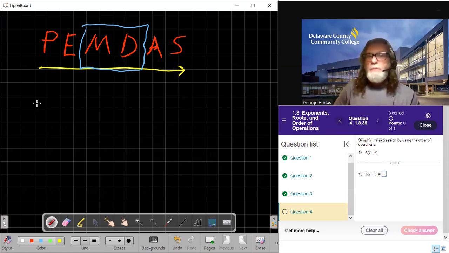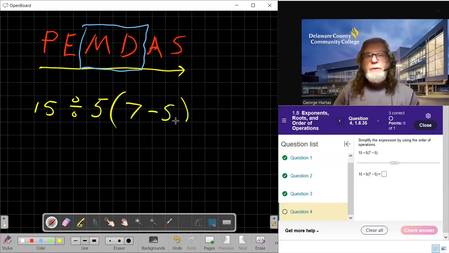So here we have 15. That's a division symbol. Be careful. It's not addition. Divided by 5, and then times 7 minus 5. Now remember, multiplication is expressed in 3 different ways.